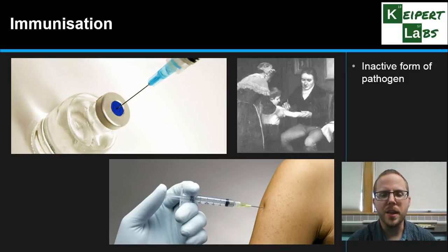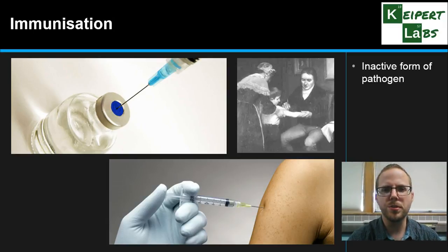And so the key thing here is that it involves the exposure to the inactive form of the pathogen. You are not being infected with the live virus or the live bacterium that can make you very sick. You are being injected with, or exposed to, an inactive, inert, unable-to-hurt-you version of that pathogen.